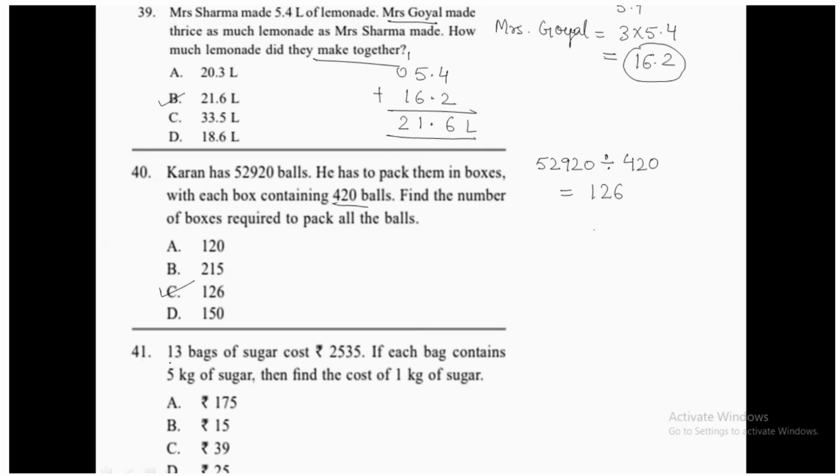Question number 41 says that 13 bags of sugar cost 2,535 rupees. Now each bag contains 5 kg of sugar, and we need to find the cost of 1 kg of sugar. The question says 13 bags of sugar cost this much, so first we need to find the cost of 1 bag of sugar.